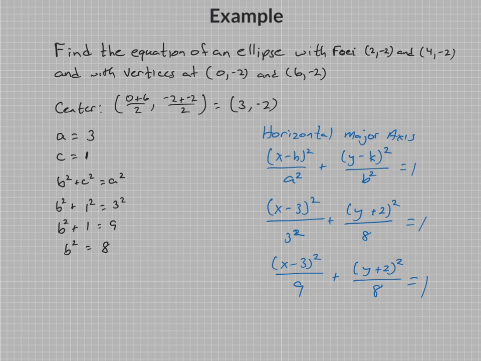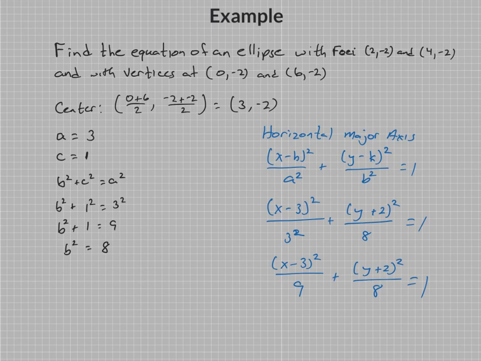This is the last slide, but in terms of doing the application problems, often you're going to want that center point to be at the origin. When they talk about an ellipse, they give you information but don't say a specific point.